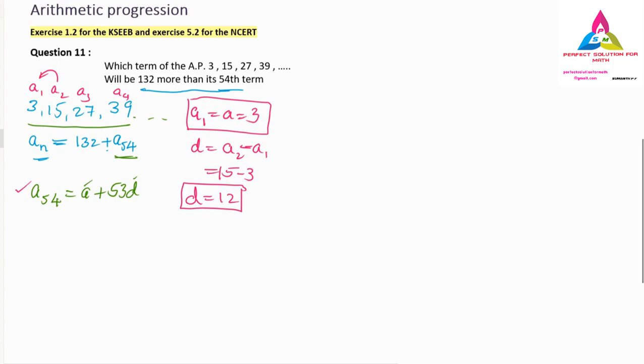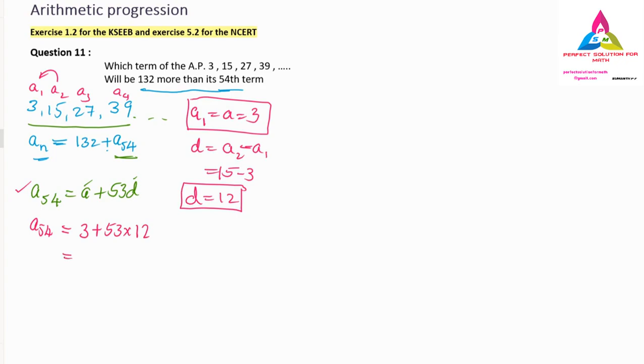Next, we substitute to find A54, which is necessary to find an. So A54 is equal to A, which we just found is 3, plus 53 into D, which is 12.